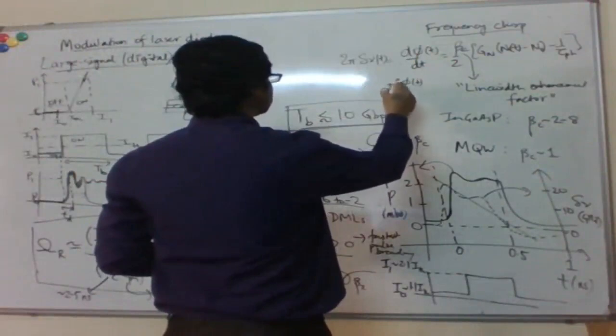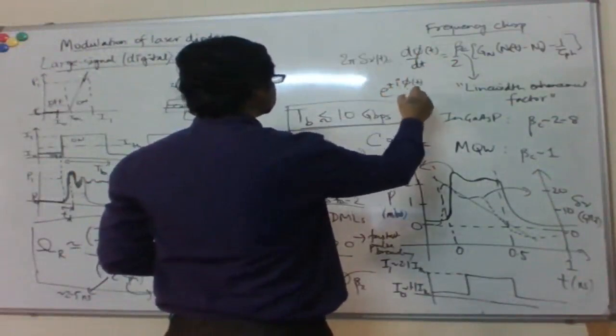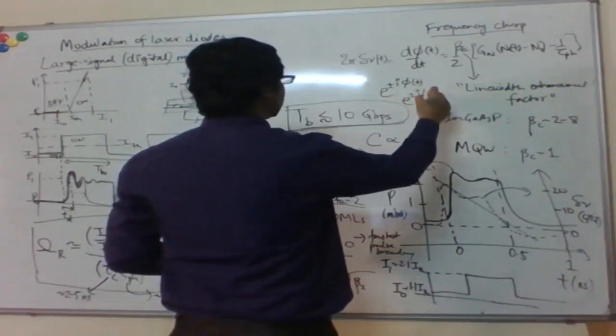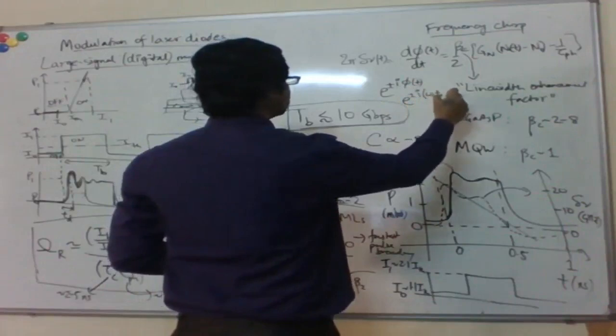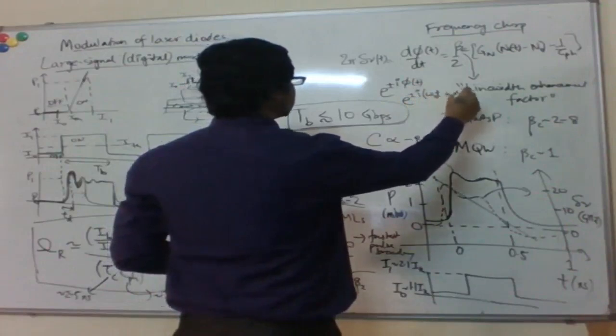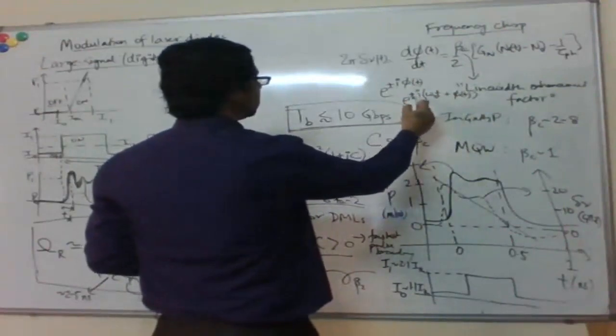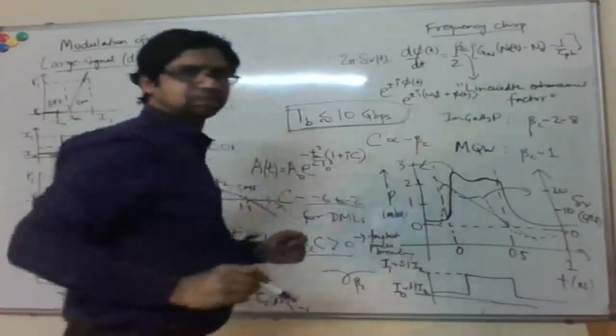Basically, we are saying that this is like i of omega naught t plus phi of t, so the plus or minus is coming with both of them.